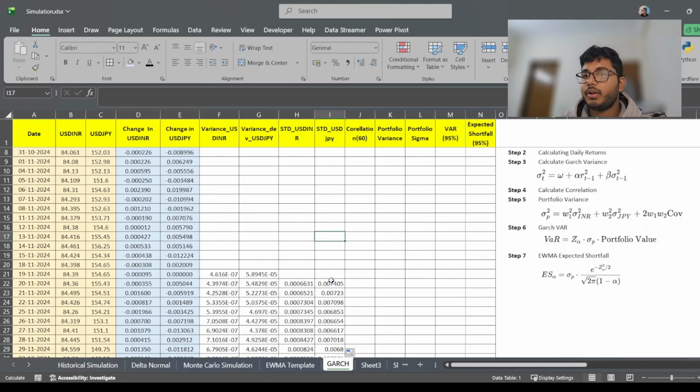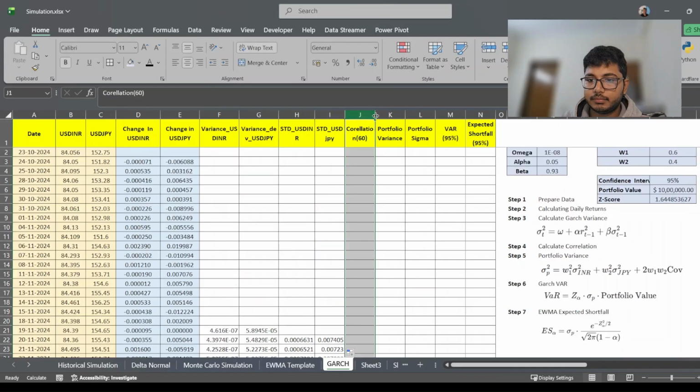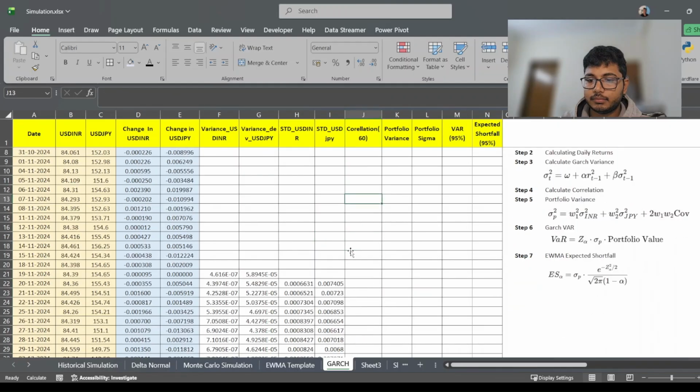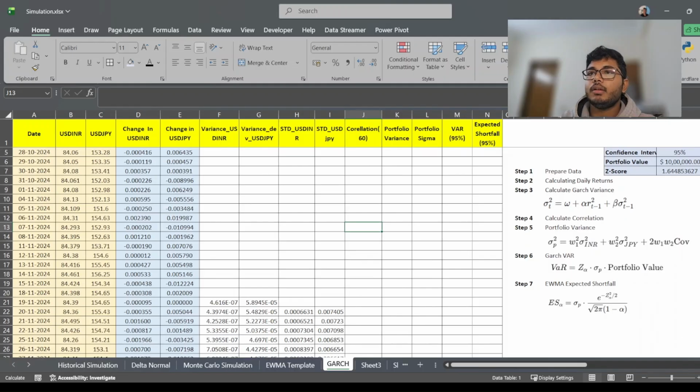Now we are going to find out the correlation for 60 days. So first question comes, why do we need a 60-day correlation window?